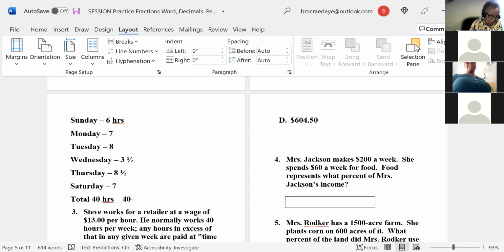So how much did he make? 40 times the $13 per hour. And what is that equal to? What's 40 times 13? 40 hours. That is 520. That's right, 520. And that's answer what?